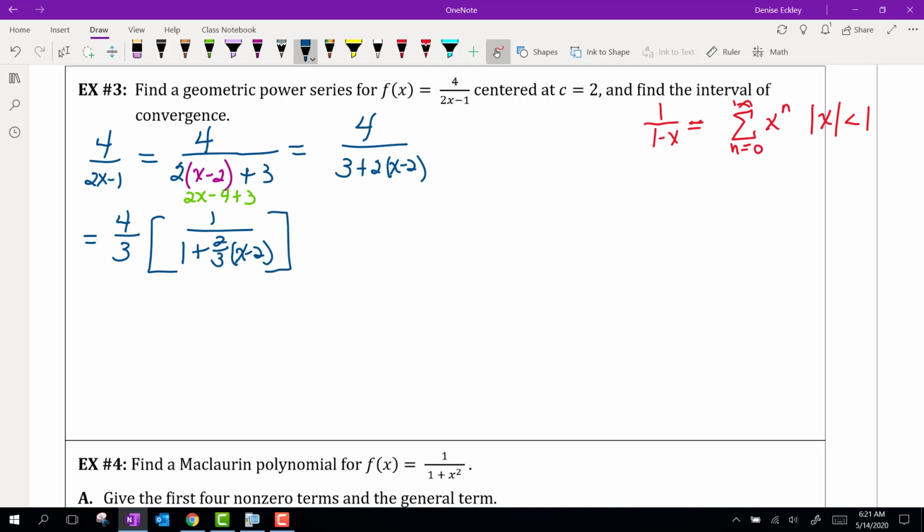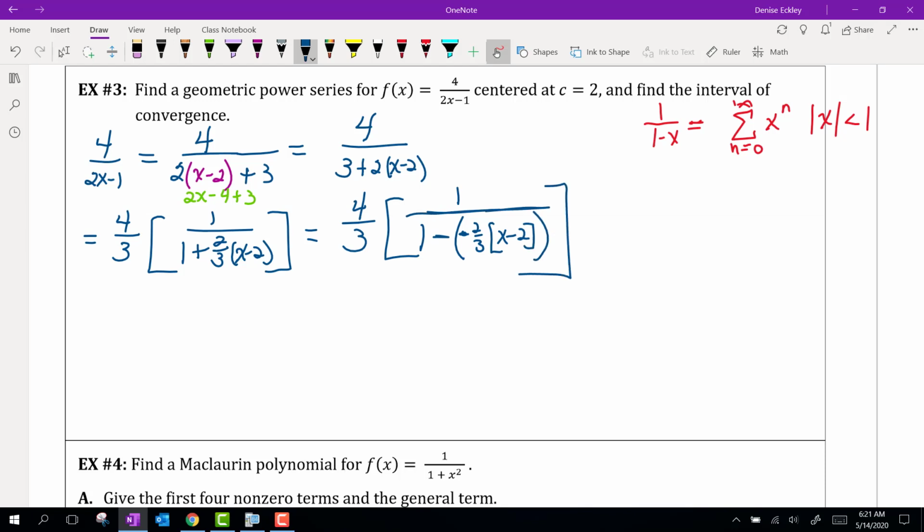So now we're in business. Now it looks a lot more like what we had before. So the only thing we're missing here is the negative sign. So this becomes 4 thirds, 1, we need that minus sign. So this will be negative 2 thirds times x minus 2. So now it's in the form we want it.